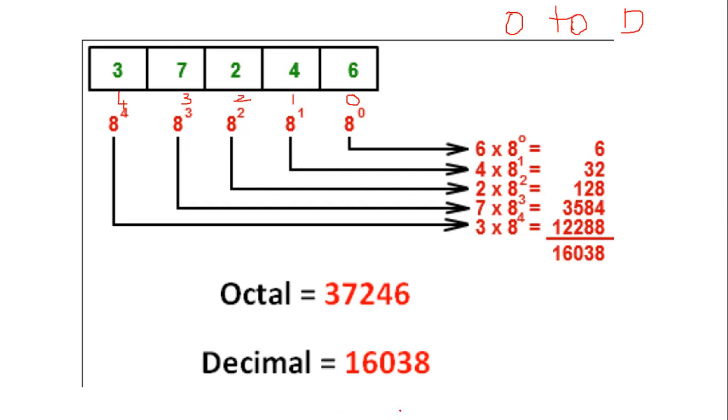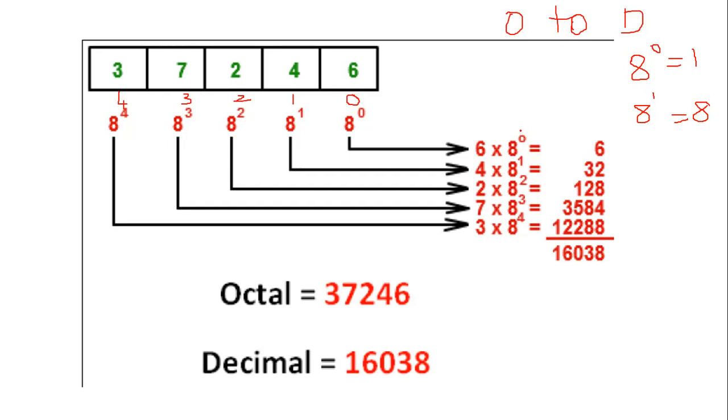Remember that anything to the power of 0 is going to be 1, and 8 to the power of 1 is going to be 8. Remember both these concepts. Many times we see students making mistakes. 8 to the power of 0 is 1, any value to the power of 0 is 1, and 8 to the power of 1 is 8.